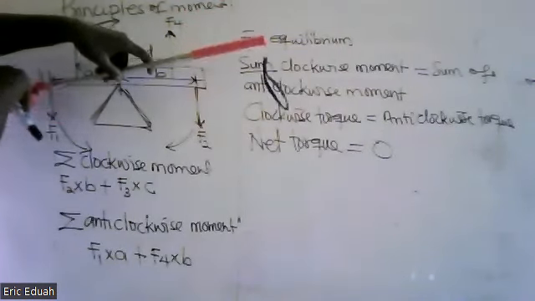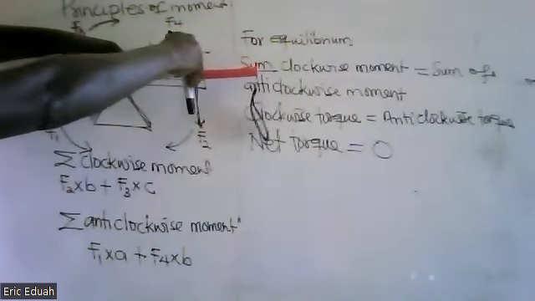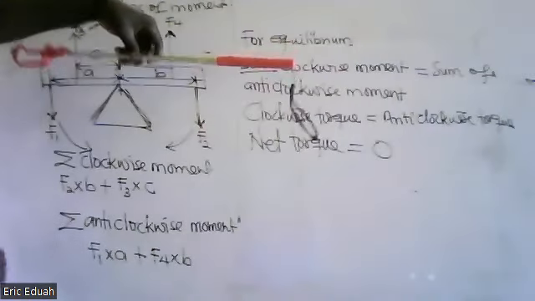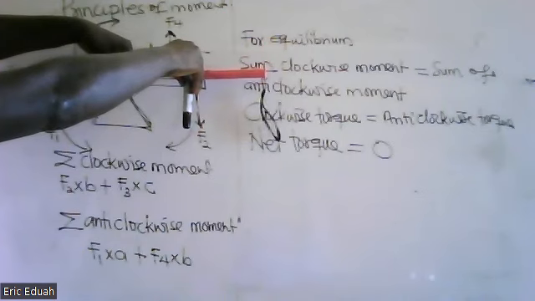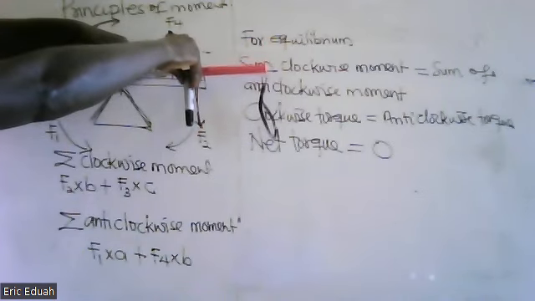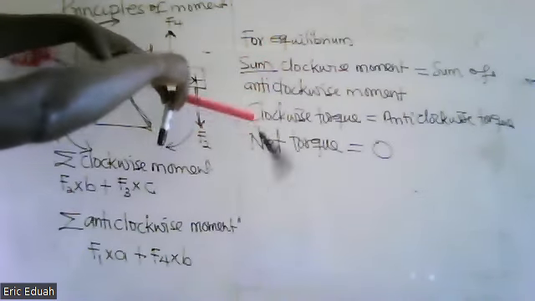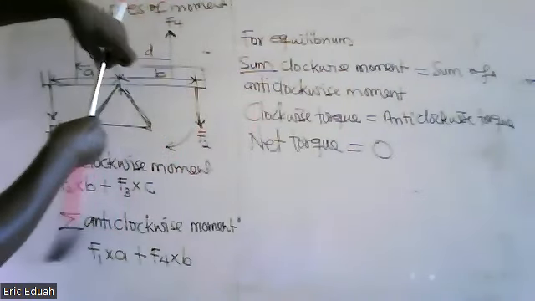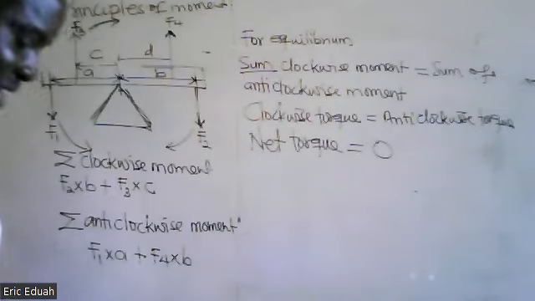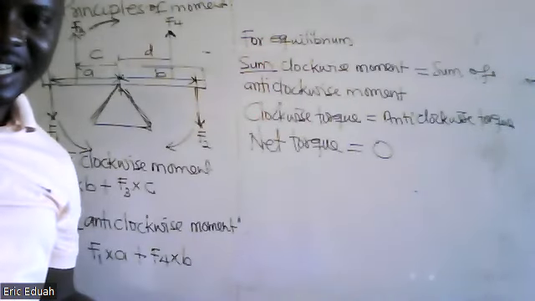If it is F2, my hand represents the pivot. The direction of F2 is downwards, meaning the turning effect would go this way, which is clockwise. So that's how to identify clockwise and anti-clockwise.